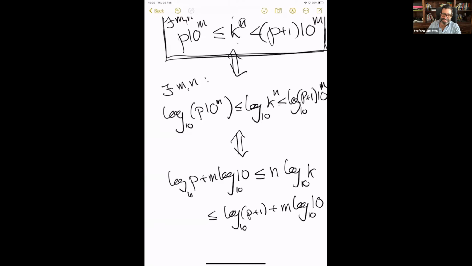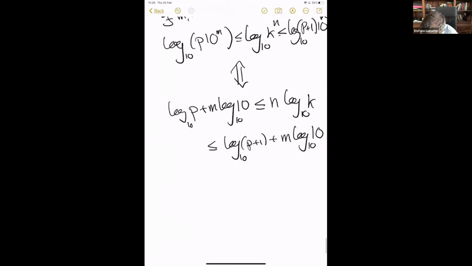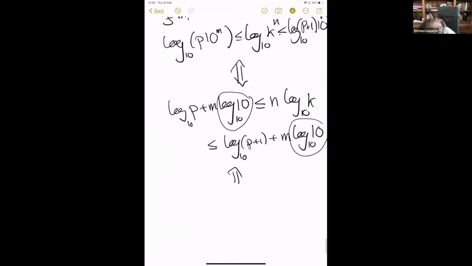I just took the logs and multiplied them out. And what do we have here? Log base 10 of 10 is just 1. So we can really write this as log base 10 of P plus M less than or equal to N log base 10 of K less than or equal to log base 10 of P plus 1 plus M.